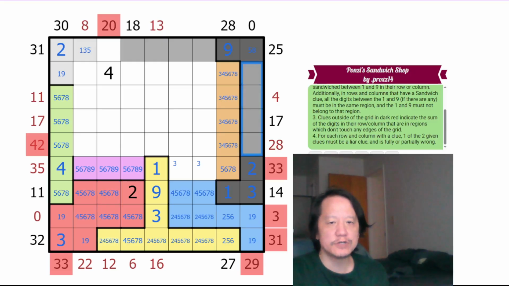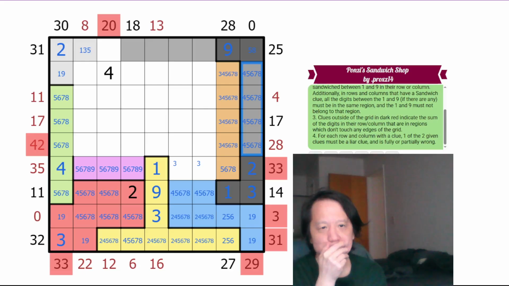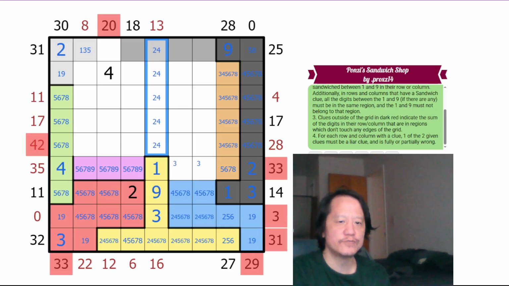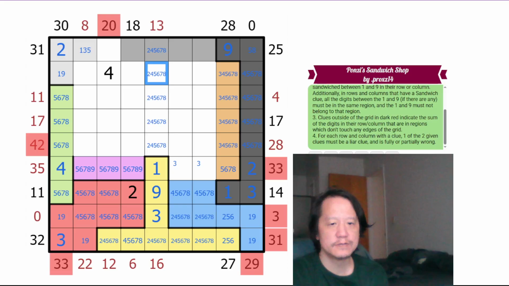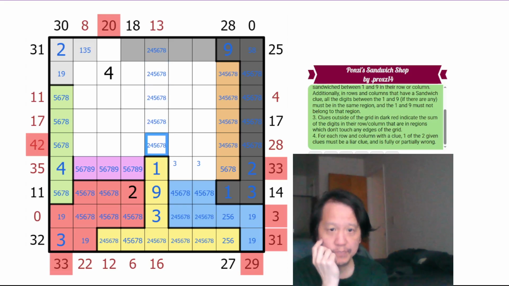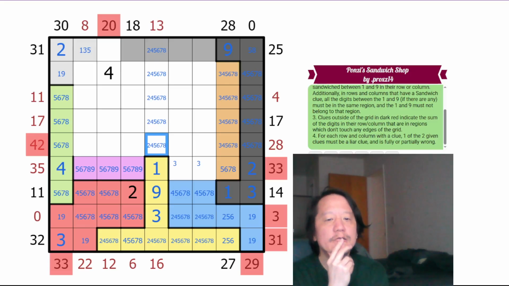Remaining of these digits are 4 through 8. Oops, 4 through 8, not colors. Remaining digits in column 5 are 2, 4, 5, 6, 7, 8. Oh, this is valid now.